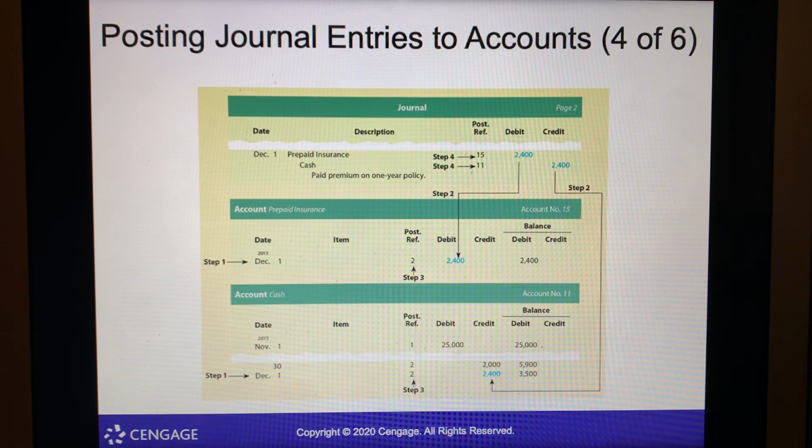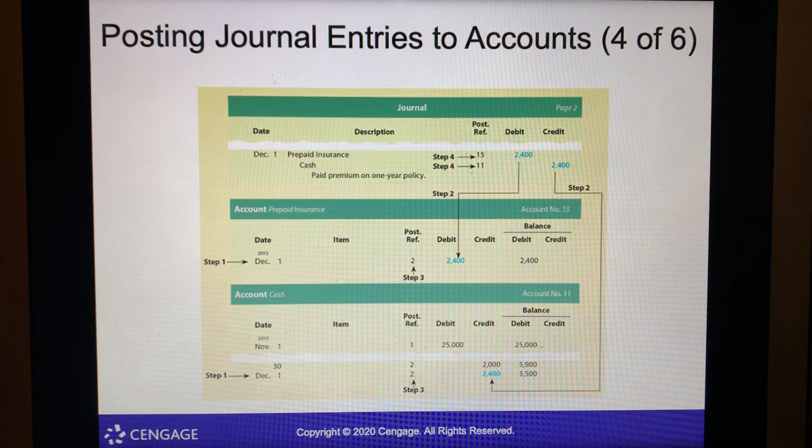Step 2 is $2,400 credit. That's going to go onto a running balance in the cash account of $2,400, December 1 as well. Now, step 3, you're going to put the posting reference.